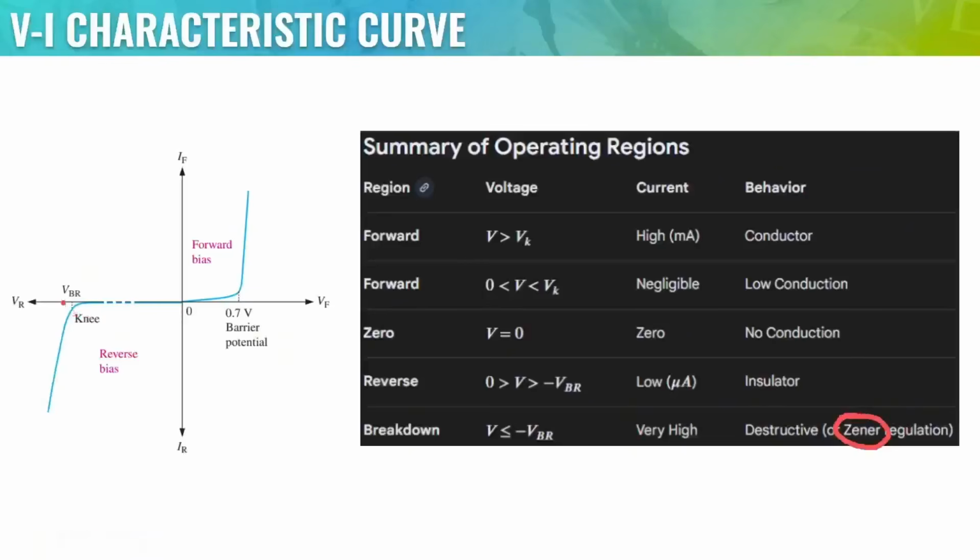Zener diodes usually operate in reverse breakdown. Just some additional information: it was stated earlier that most diodes, especially the common ones, have a reverse breakdown voltage of negative 50 volts. That's why the voltage sources we have in the following problems will probably be less than 50 volts.